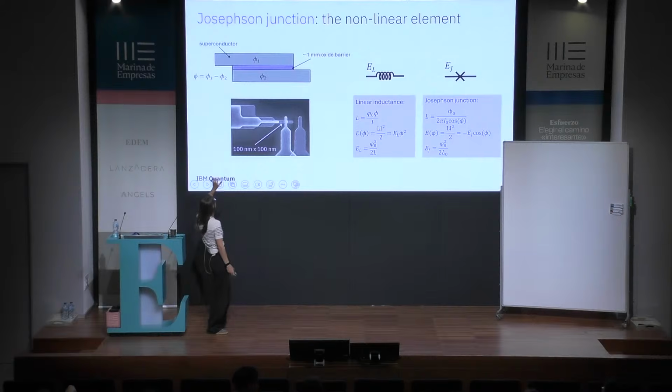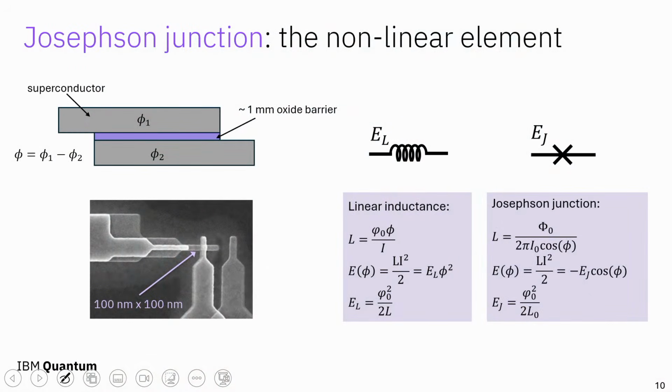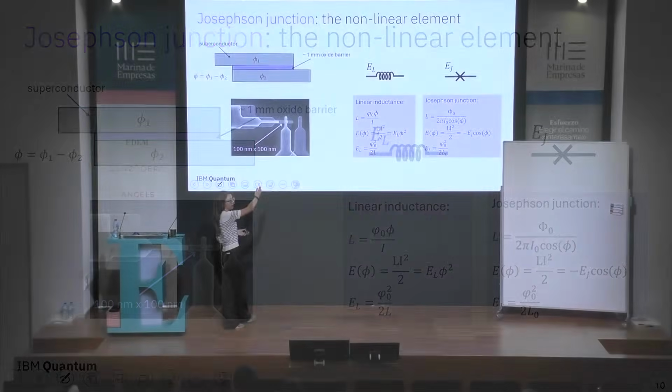So a Josephson junction consists of 2 superconductors that sandwich between them an oxide barrier. So there is a phase drop phi across them, a superconducting phase. In reality, they could look something like this, although there are lots of different designs for implementing them. And if you look at the response of the relation between inductance, phase, and current through them, you see that they behave almost the same as an inductor.